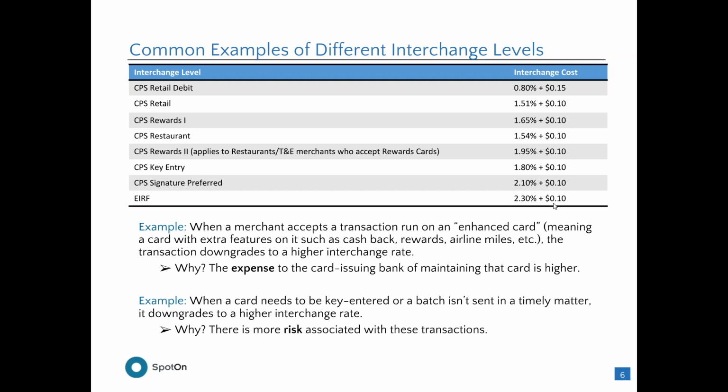One that I really want to ensure that you understand is this last one here on the list. This is what's known as EIRF. It stands for Electronic Interchange Reimbursement Fee. The reason I point out EIRF is EIRF is actually an error message. So if a merchant were ever to see this on their statement, there's something that they're not doing properly with their transactions that is causing them to downgrade and have a higher cost.